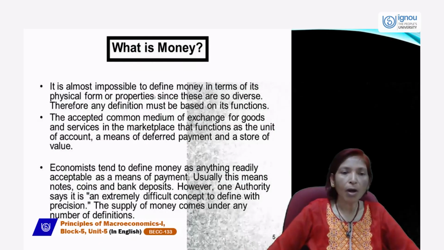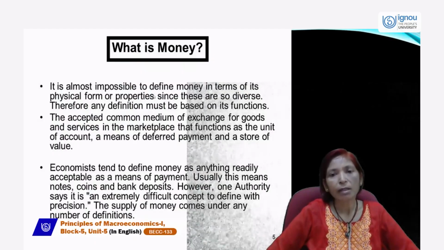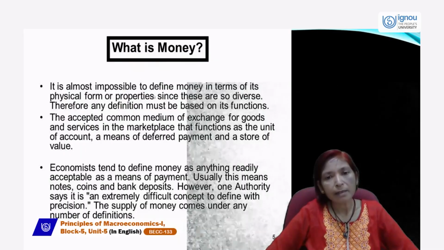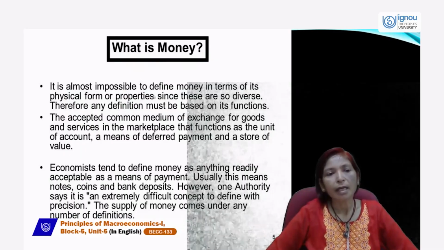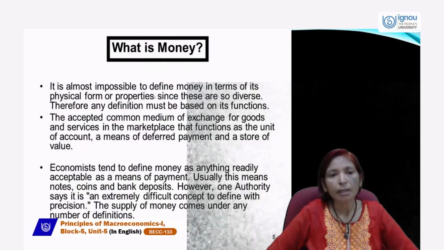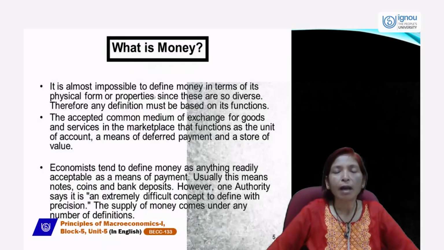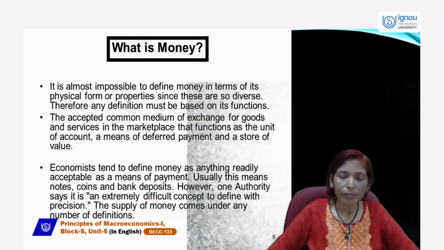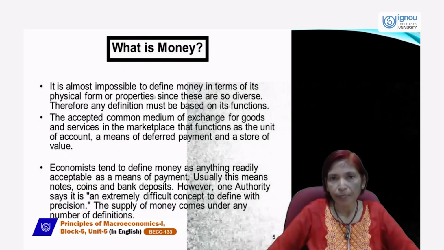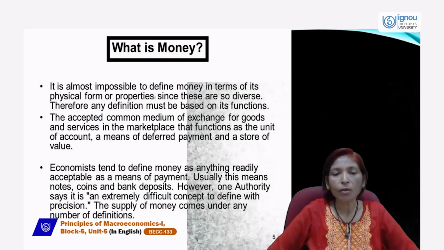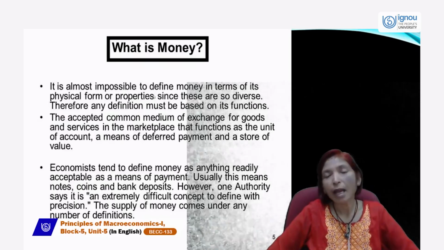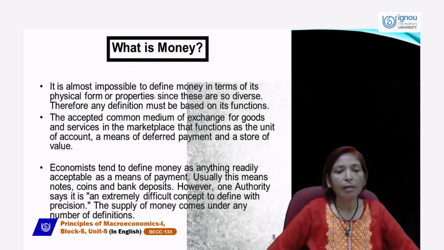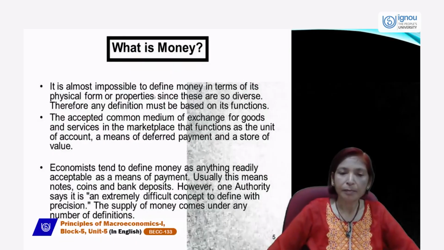The accepted common medium of exchange for goods and services in the marketplace that functions as the unit of account, as a means of deferred payments and a store of value. That is called money.